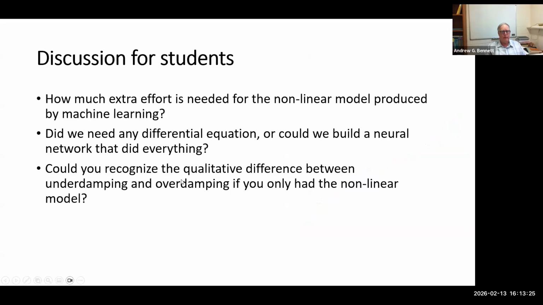And we can discuss with the students, so how much extra effort is needed for the nonlinear model produced by machine learning? You had to get a bunch of data. And they're very aware of it took me 20 minutes. You talk to them, that's a big thing. Do we need any differential equation?